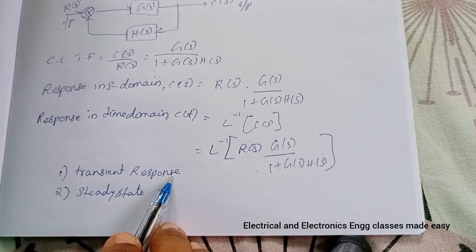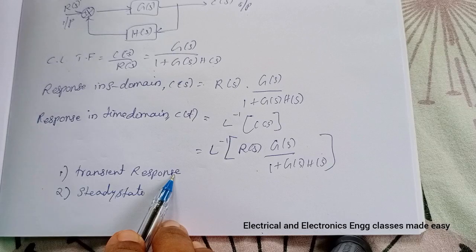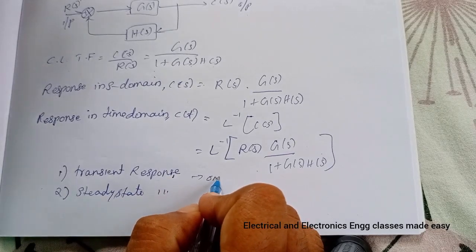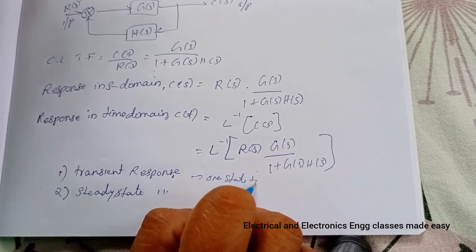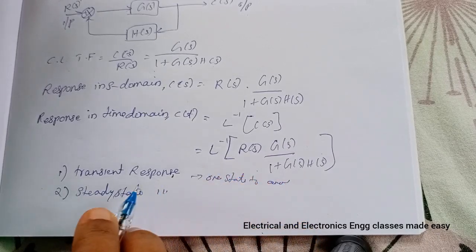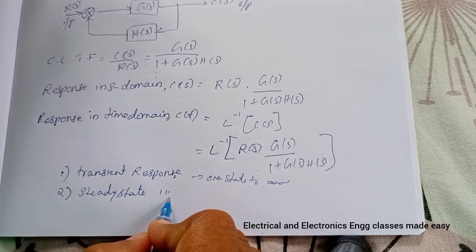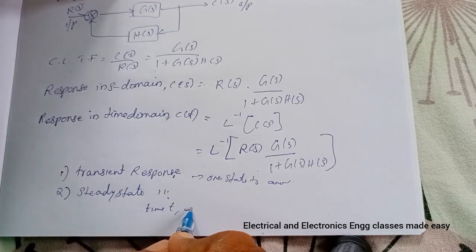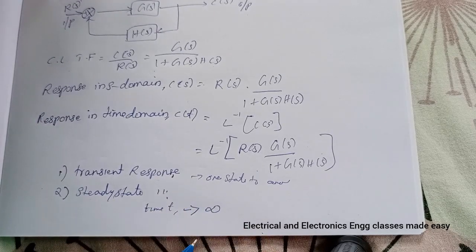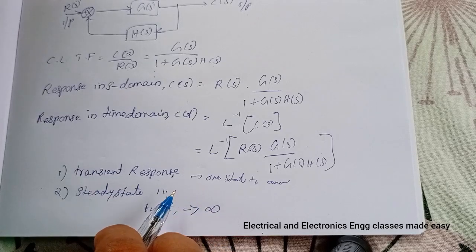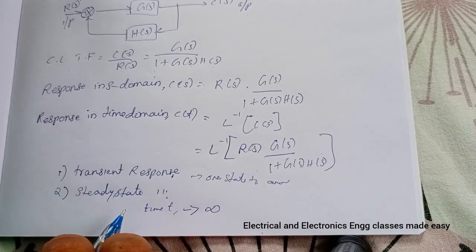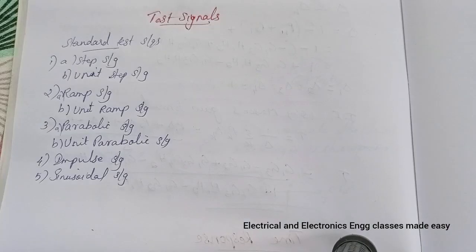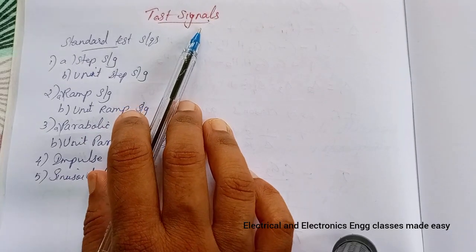The transient response shows the response of the system when the input changes from one state to another. And the steady state response shows the response as time t approaches infinity. So, the time response of a control system consists of two parts, the transient response and steady state response.